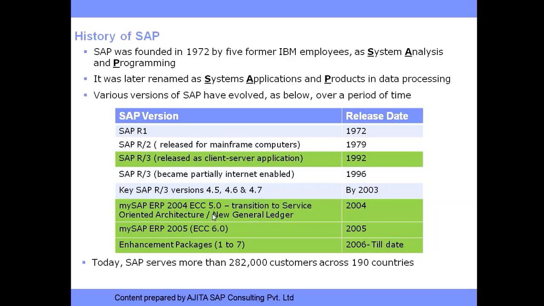For this there's a different course altogether, or in the advanced course you also get to know about the new general ledger. Okay, so in 2005, SAP came up with mySAP ERP 2005, ECC 6.